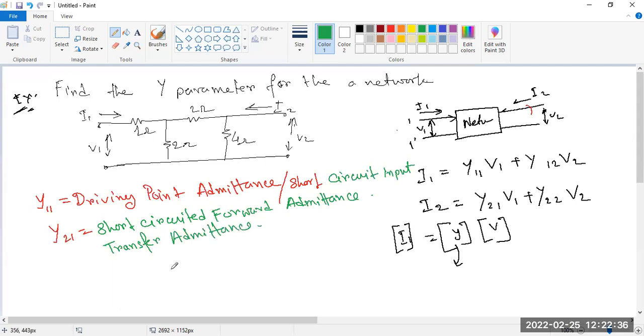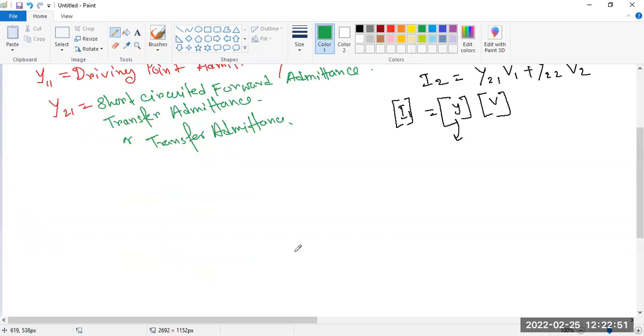It is also called the transfer admittance.